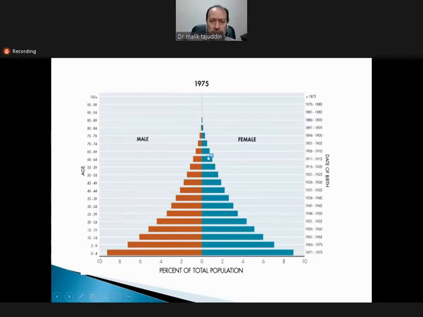Females live slightly longer than males. So these are the different characteristics you can find at a glance in this population pyramid, and you cannot find any disaster in between. How can you see a disaster? You can find it in further slides.